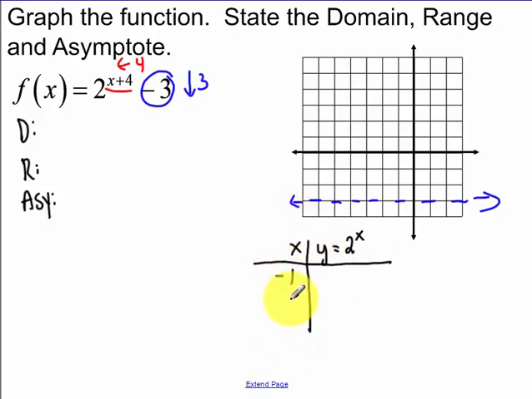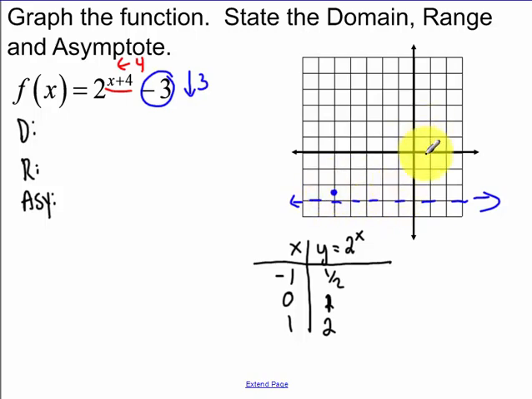I find those key points that I talked about, and I translate these points, is what I typically do. Anything to the 0 power is 1, and then 2. So what I do is I plot the point -1, 1/2. I translate this down 3 units, 1, 2, 3, and over 4.